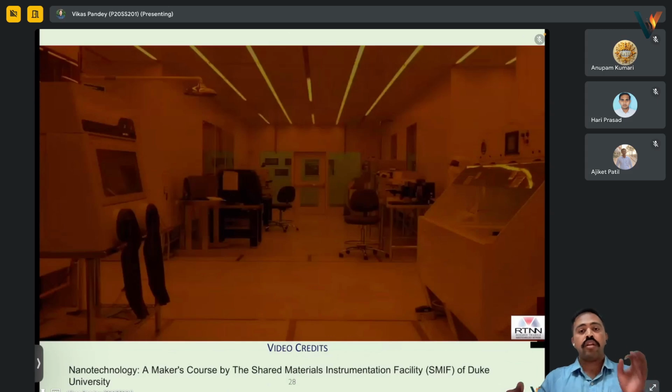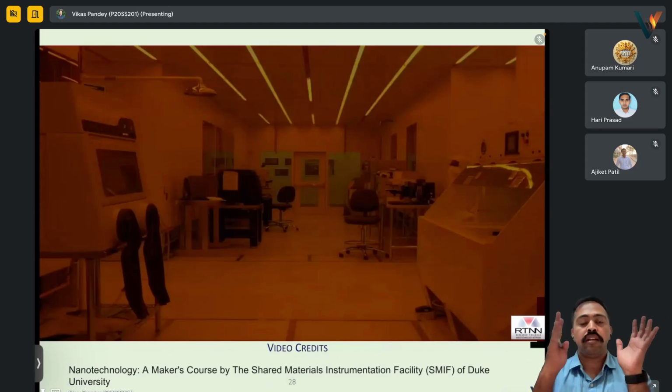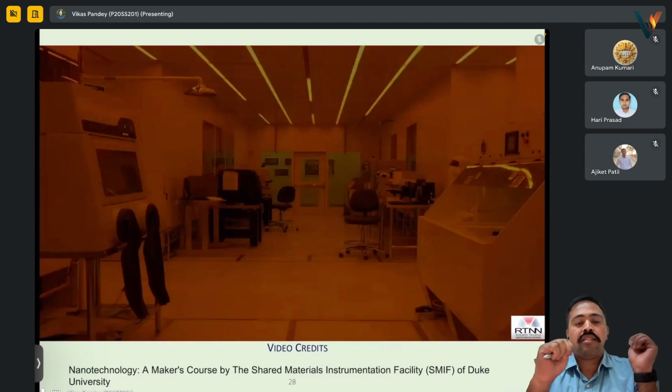If we see the complete lithography process, it is done in a yellow room. Since light has a role to play, no white light is used, only faint yellow light, so that the materials don't get exposed to light before we want.